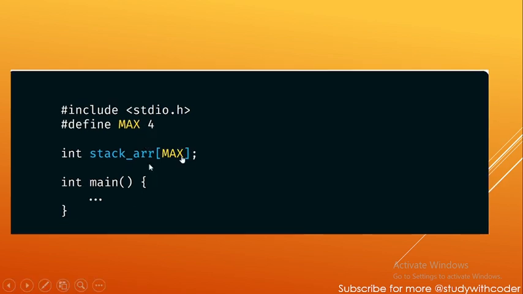So we define MAX 4, so we don't have to write 4 here. First we declare #define MAX 4, and next int stack[MAX], which means the stack array contains 4 elements.